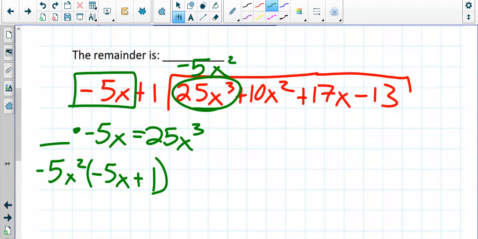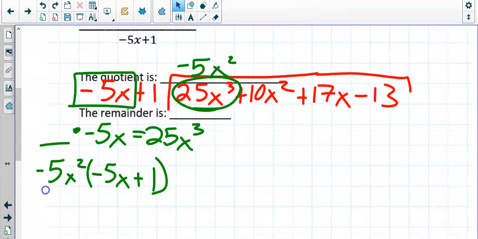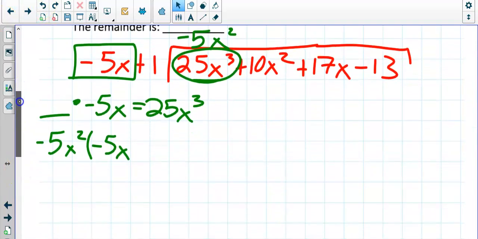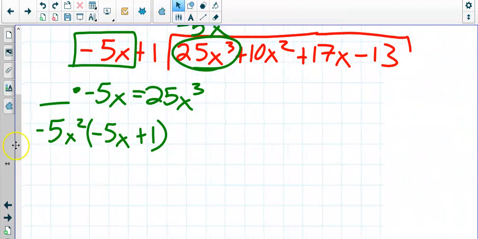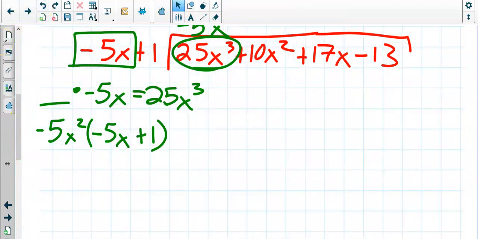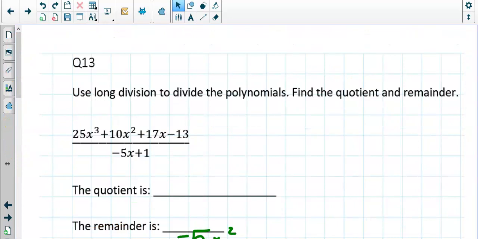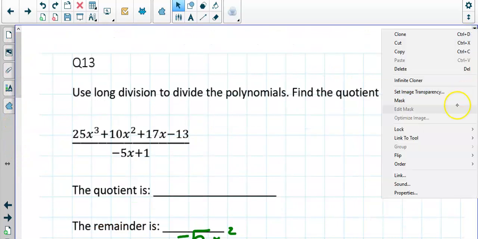And it's no surprise that when I distribute through, my first piece, hold on one second. I need to grab something, but I need this to stop moving on me.